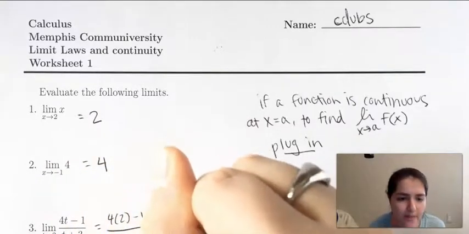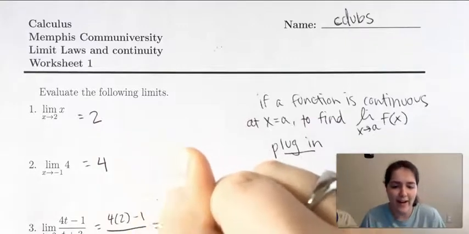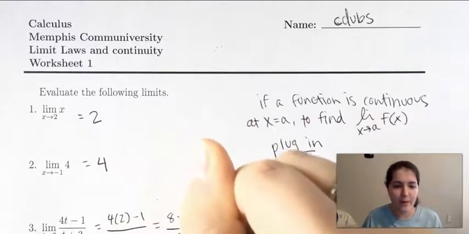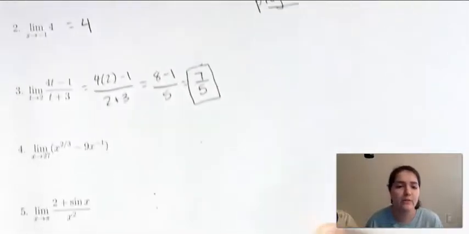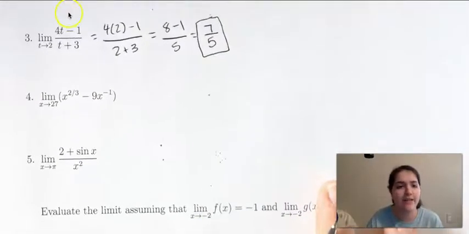Okay, this one, sorry, some of it is cut out, but we're plugging 2 into t. t is our x in this situation. So 4 times 2 is 8, 8 minus 1 is 7, and 2 plus 3 is 5. So there you go.